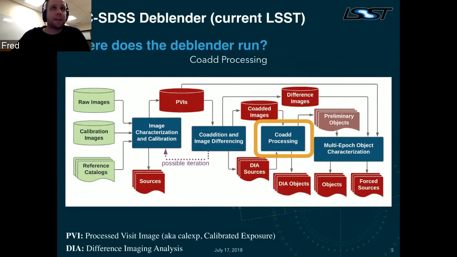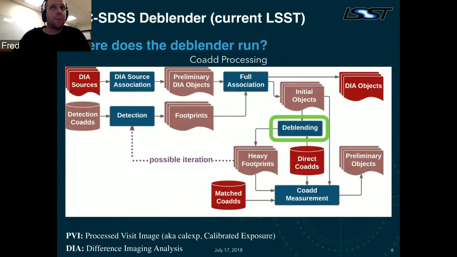If we zoom in on the coadd processing, this is where deblending currently sits. Objects are detected in each band, and then a catalog is made of all the different bands, and those footprints are merged together so that you have a single source catalog that's passed to each band.